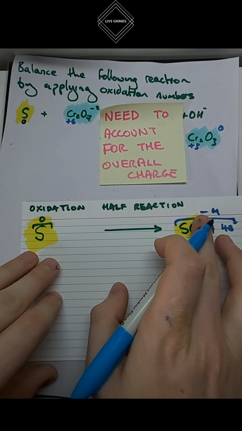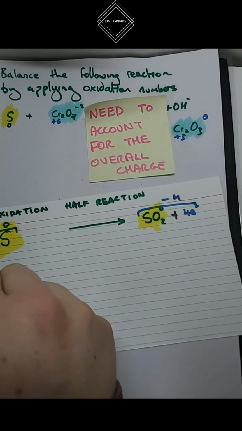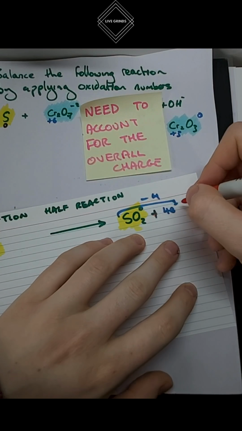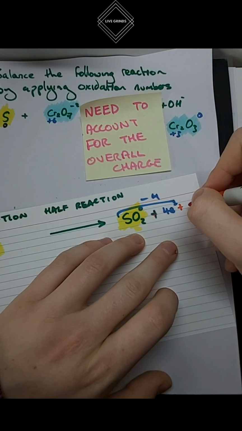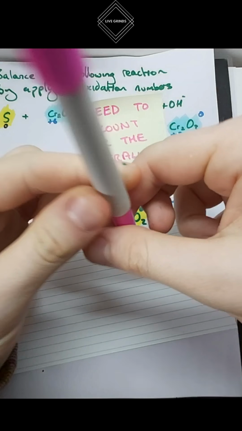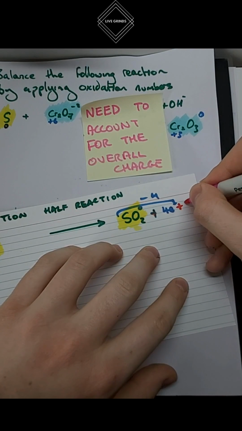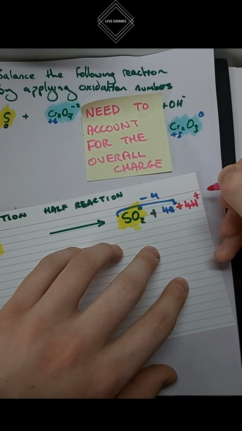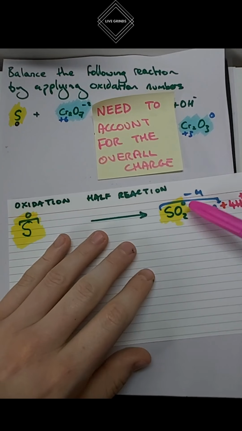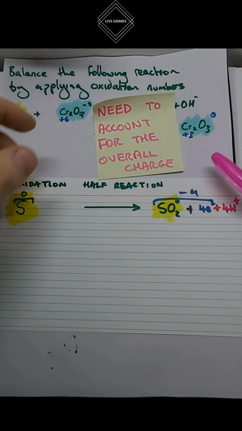So I need to go from -4 to 0. The only thing that I could add would be protons. We are putting protons in pink today. I'd need to add 4 protons in. And then that will account for the overall charge, right? So that part's done.